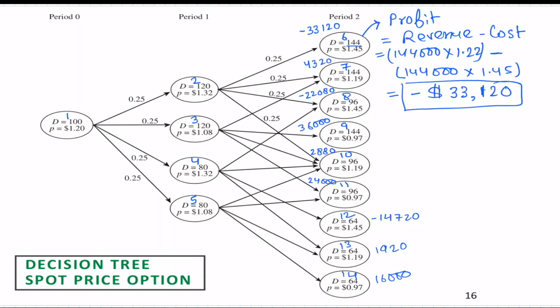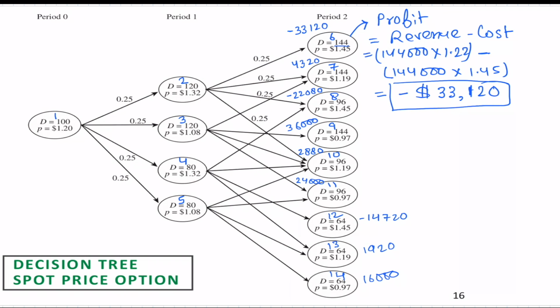Now let's look at period 1. I'm going to show the calculation for node 2 here. We calculate expected profit at node 2 by taking a weighted average, where the weights are all these values here, 0.25. We do 0.25 multiplied by negative 33,120 plus 0.25 times 4,320 and so on.